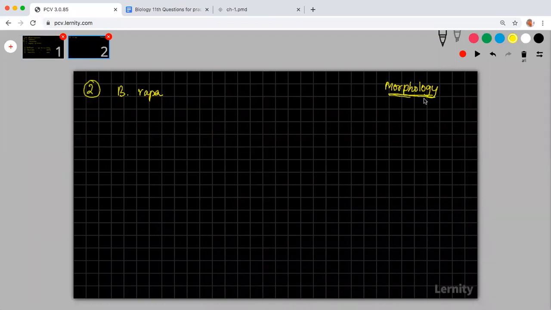You will be able to find this particular thing in the chapter. You might see this under the heading Leguminosae, or if they have given Fabaceae. In that particular chapter, you will see this.